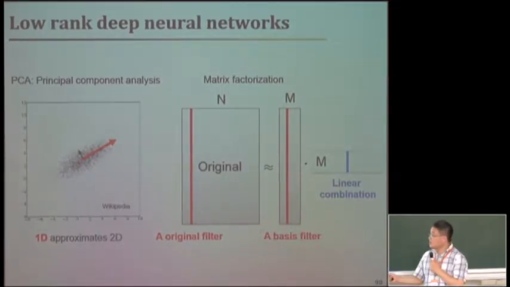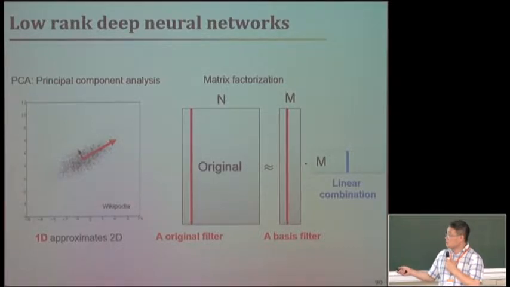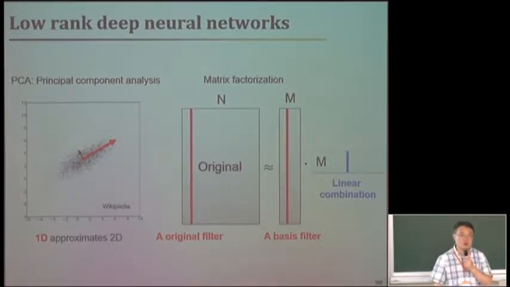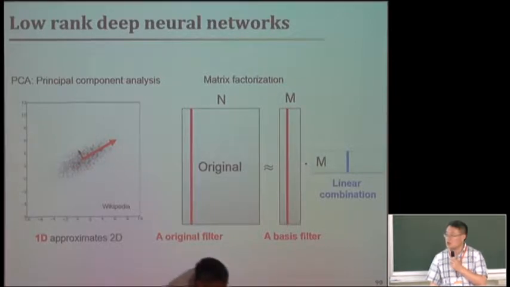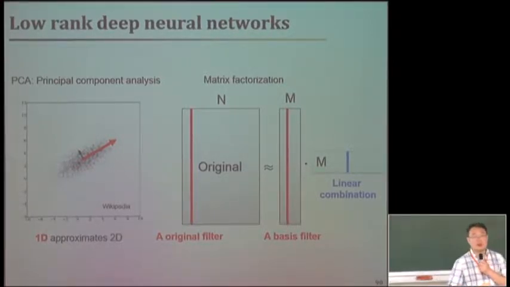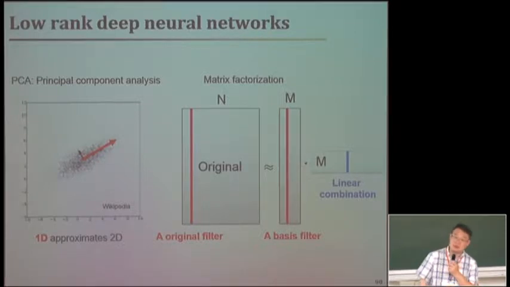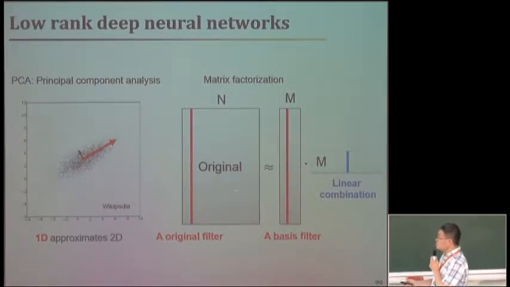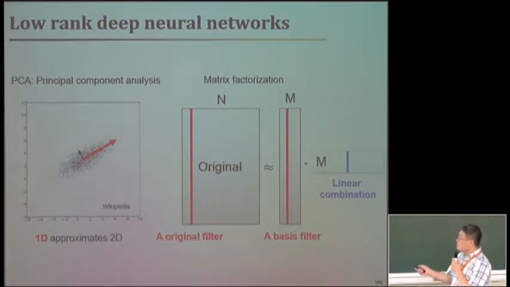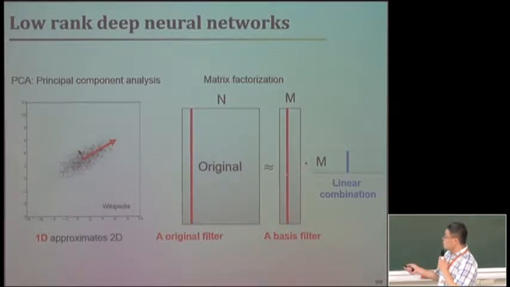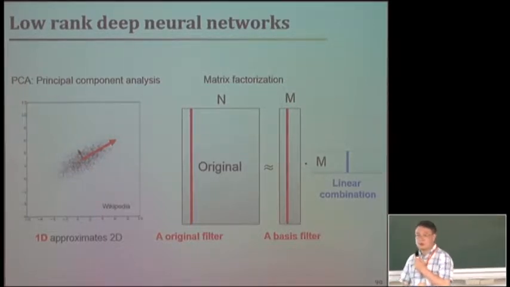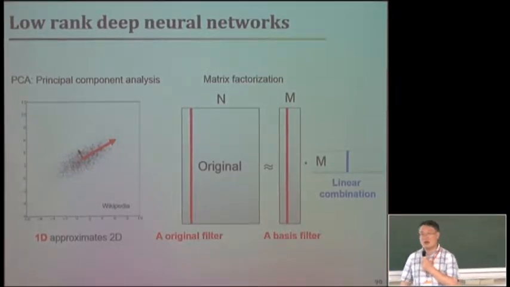The basic idea is we have a two-dimensional or multi-dimensional representation of a matrix, and we are able to compress the dimensions to a smaller one, so that the original matrix can be approximated by the multiplication of two smaller matrices, a linear combination like this. We can still reconstruct the original filter matrix by using those two small matrices.